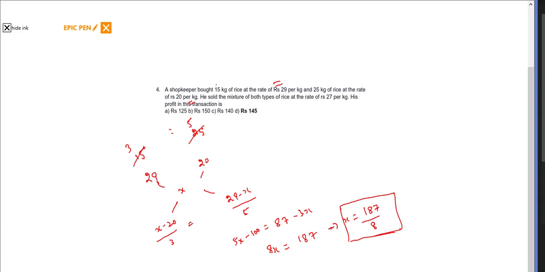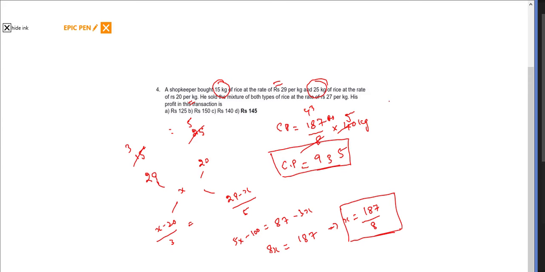How many kgs of rice are there in total? 15 kg plus 25 kg, so the total is 40 kg of rice, and his cost price is going to be 187 by 8 rupees per kg into 40 kg, which is into 5. His cost price is 935 rupees.